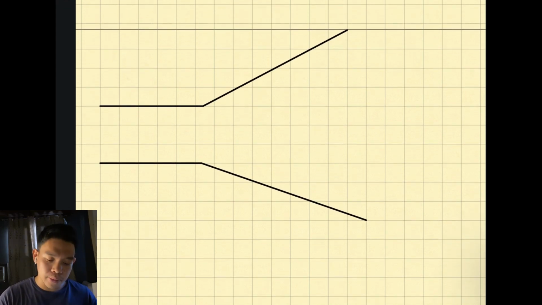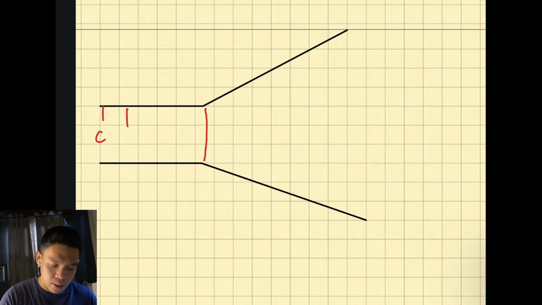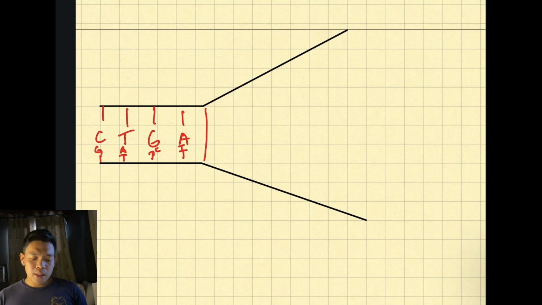If we have this strand of DNA, which is composed of C, G, A, and C, C always forms with G, T always forms with A, G always forms with C, A always forms with T. This strand will now replicate.